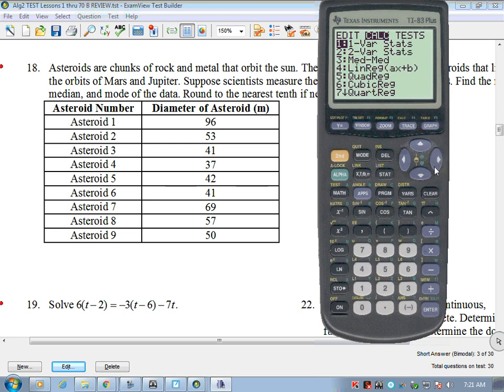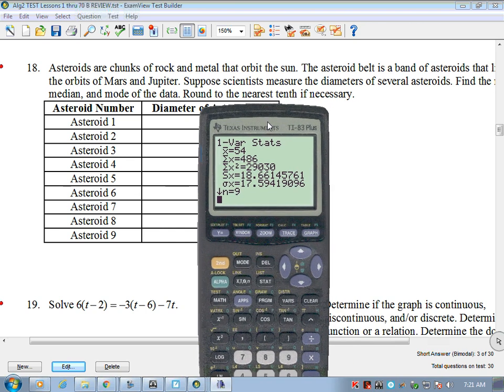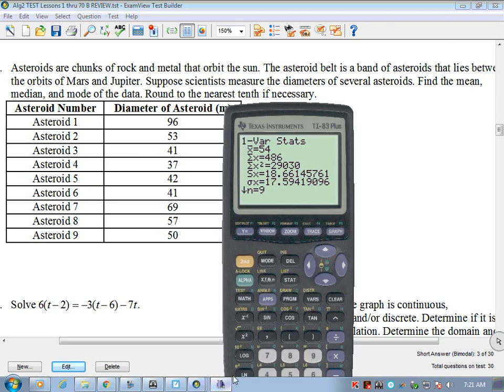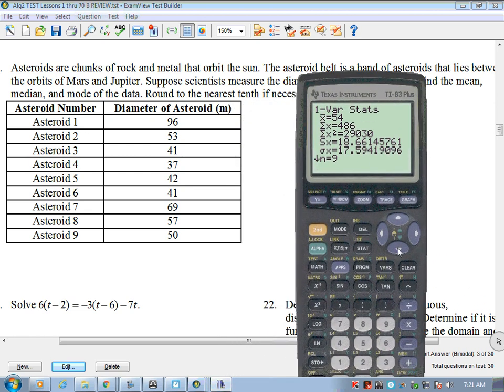Okay, I'm going to hit Stat. Let's see, what do we want here? We want one variable statistics because we want to get all of that data. My mean is 54. Let's see what all it wants us to find, the mean. Okay, so our mean is 54. Now for median and mode, we come down here.